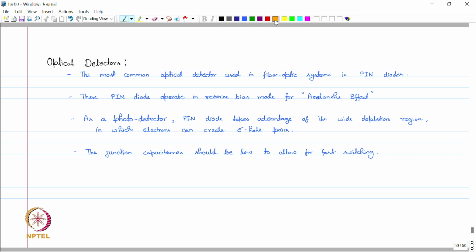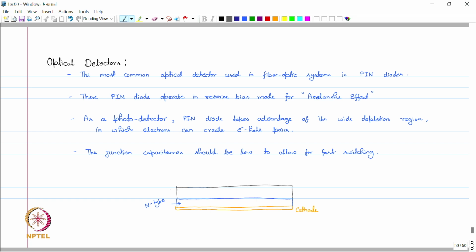We have first a cathode, this is cathode, on top of this we have N type layer, on top of this we have an intrinsic region which is a little wider than these doped layers.